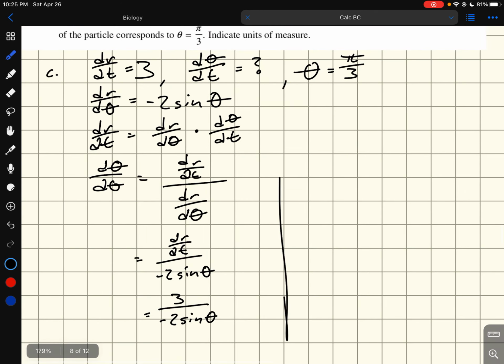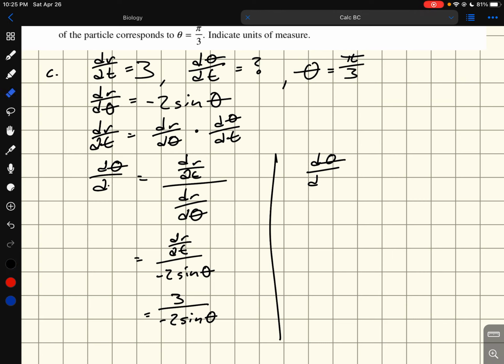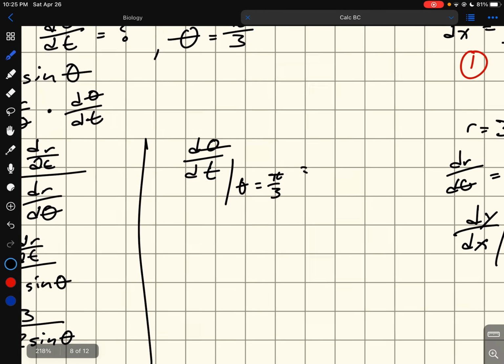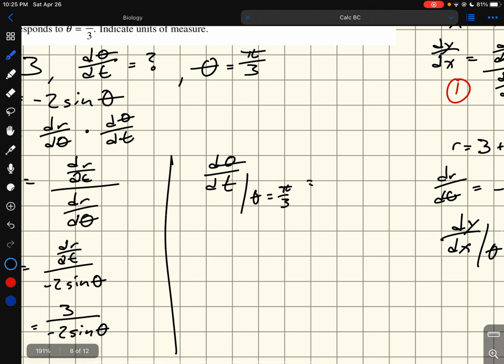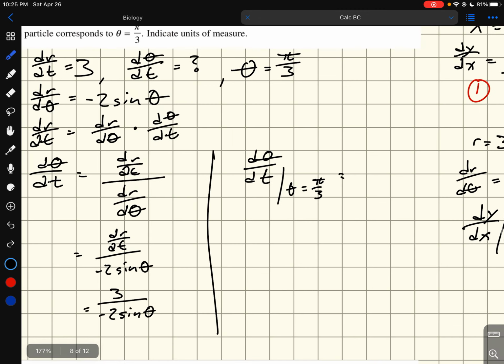Okay, and then moving over, because I'm running out of room. Now we want to insert, why did I write d theta d theta? This is d theta dt. Okay, then moving over, we want to insert this theta equaling pi thirds here. So remember that bar, this bar is the way we notate that. And then we're just plugging in a pi thirds.